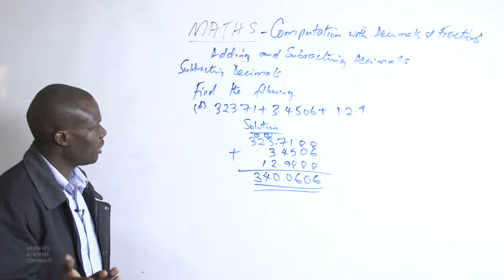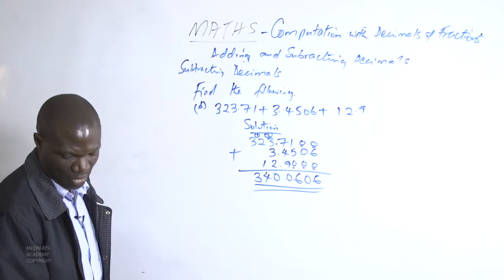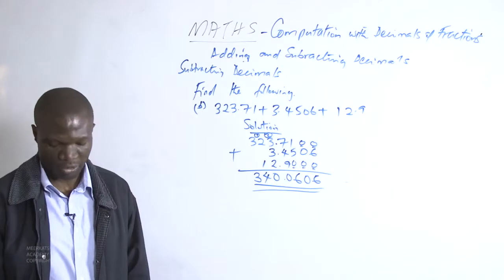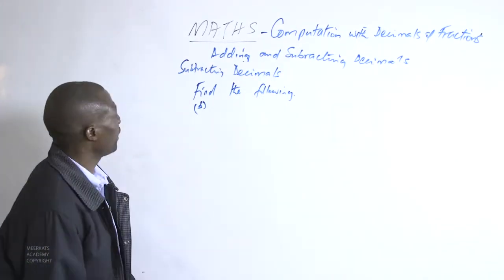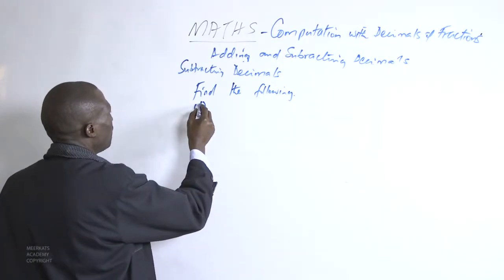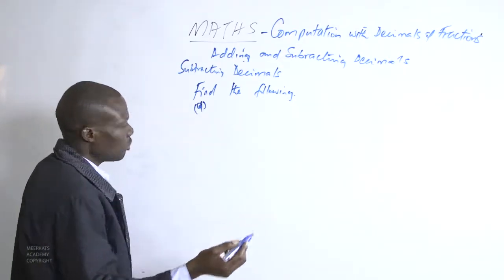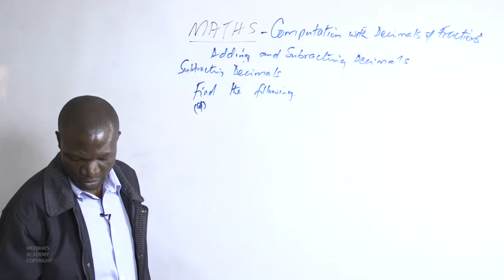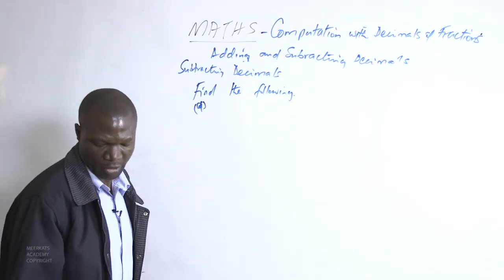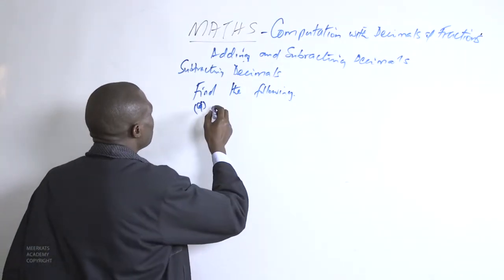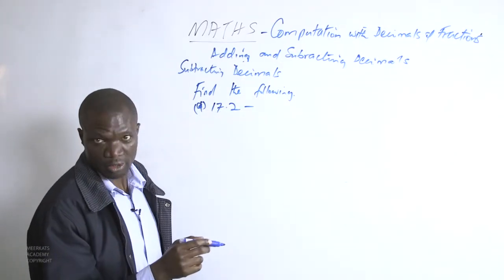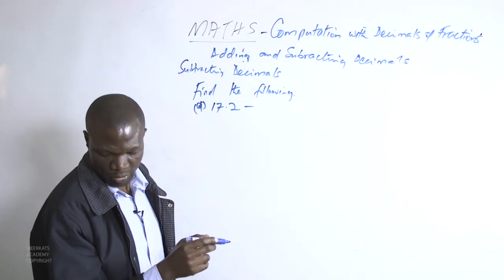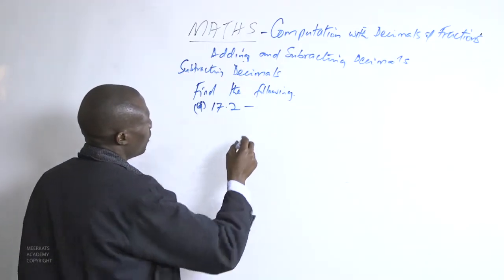That is it about the addition. Let us look at a few questions on subtraction. So we have, find 17.2 minus 5.1.